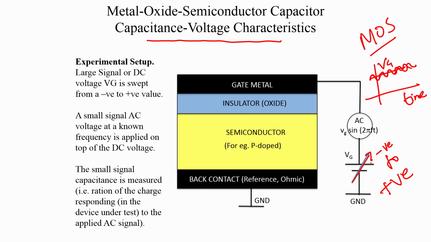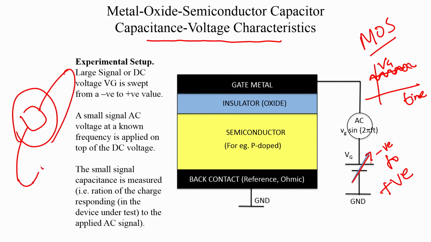But as before, what is small signal capacitance? Let us say you have a device sitting in a black box with 2 terminals outside. The way we want to define capacitance is that we apply a small signal voltage fluctuation, and we estimate the charge fluctuation because of this small signal.